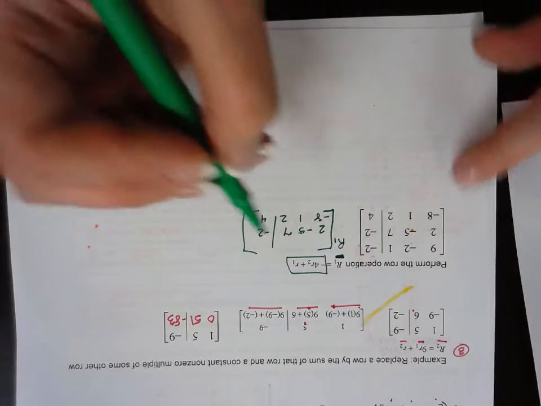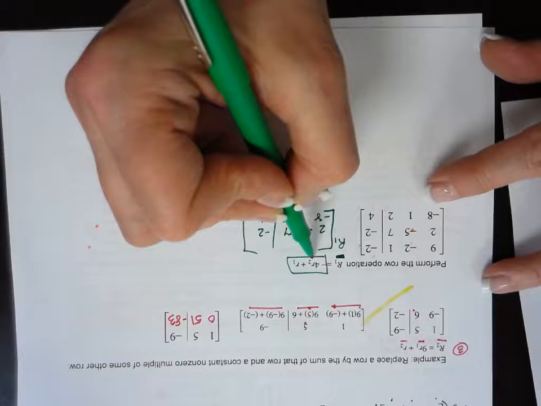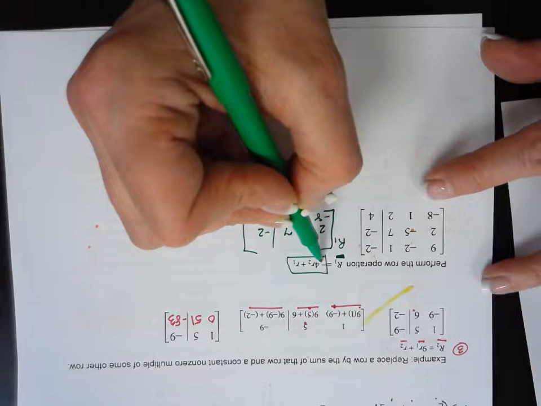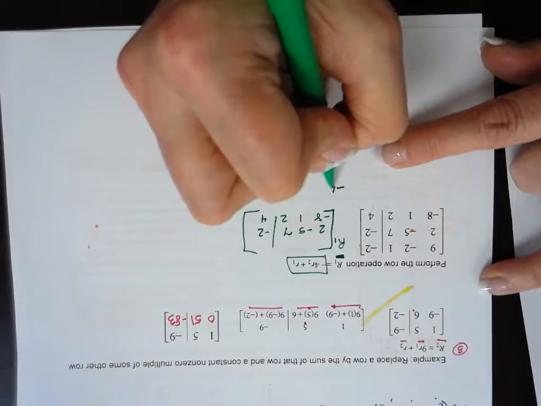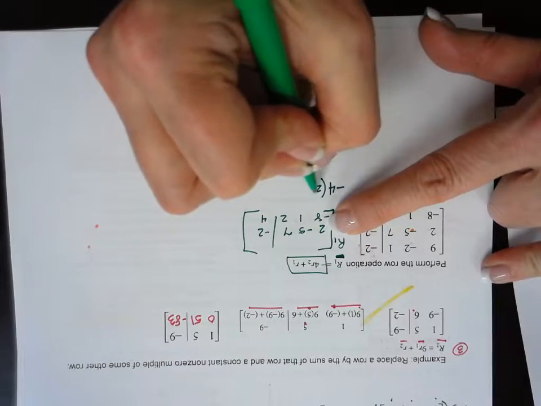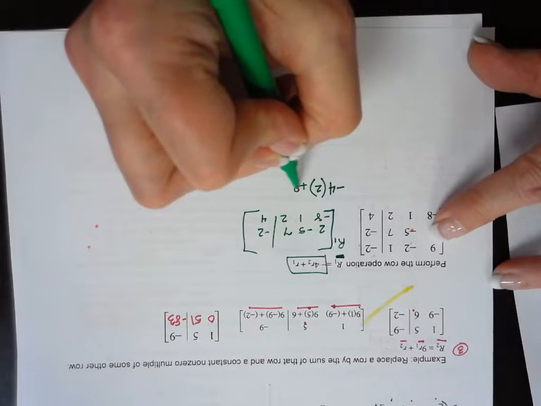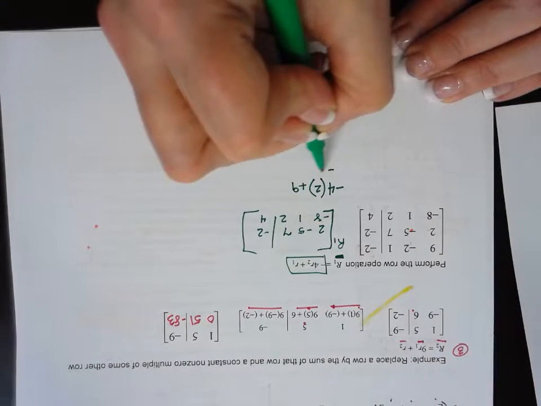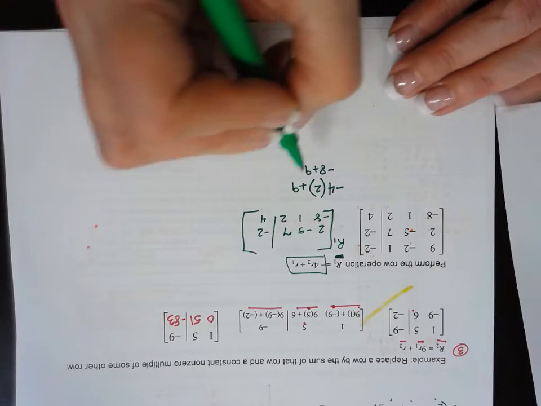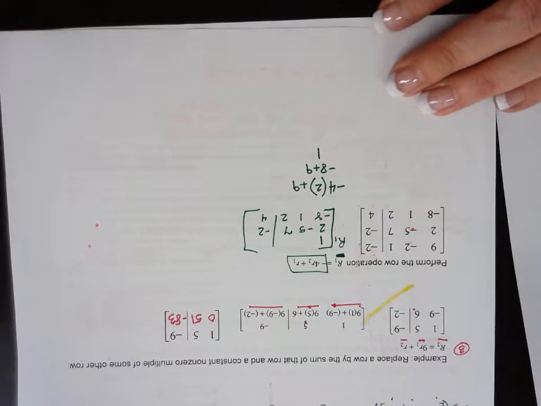So I'm going to multiply row 2 by negative 4. Row 2 is 2, and I'm going to add it to my row 1. So I would have negative 8 plus 9, so my new element is 1.